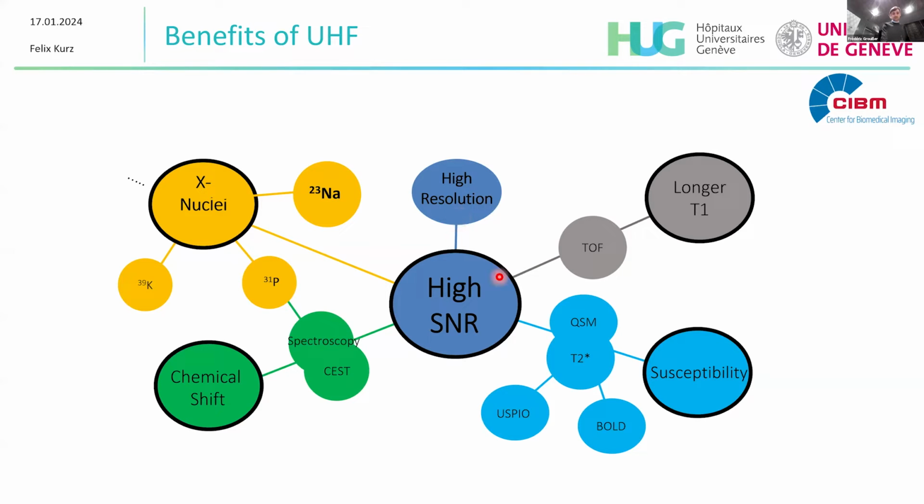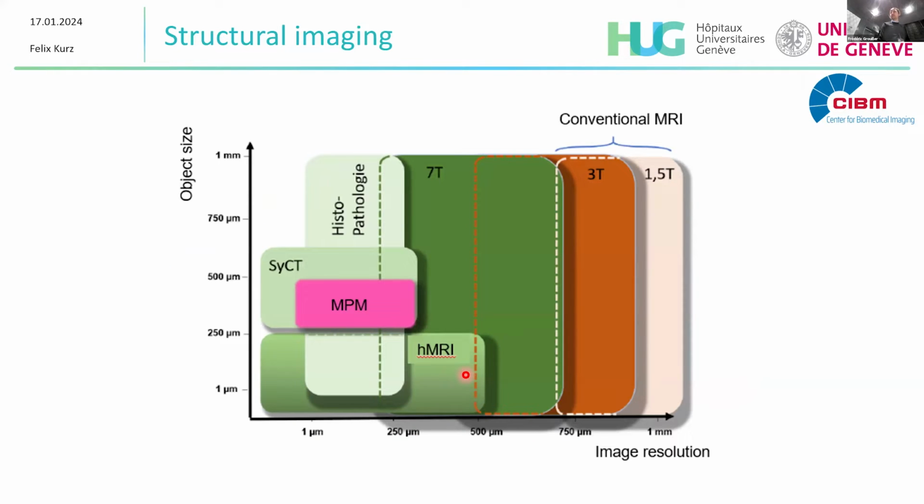And of course, you can do all kinds of other things in terms of functional imaging, based on an increased susceptibility difference at ultra-high field. So you see better T2-star associated structures, you can do better QSM and so on. And we will go further into this later.